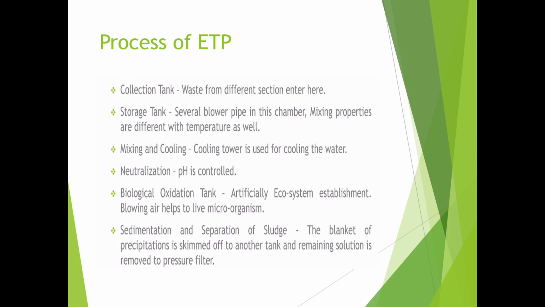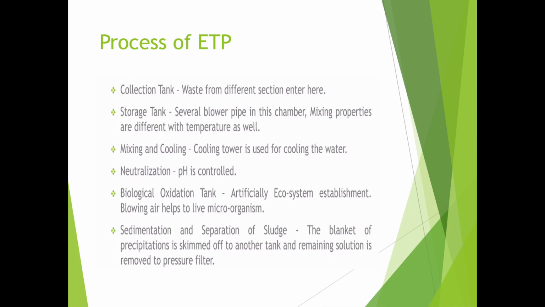The biological oxidation tank is an artificial ecosystem we are trying to establish. If we have any microorganisms, blowing air is given so that these microorganisms can survive. Next is sedimentation and separation of sludge. The blanket of precipitate is skimmed off to another tank, and the remaining solution is sent to a pressure filter.